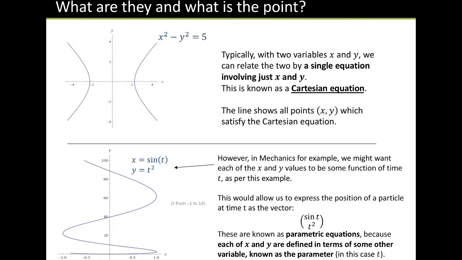So just pause and check that you understand that this is the single equation, whereas here there are two equations for x and y, written in terms of a third variable. So you've got x in terms of t, y in terms of t, however x and y are linked via that variable t. It's important to remember that's what parametric equations are, and that's why they're quite helpful for us and why we need them.